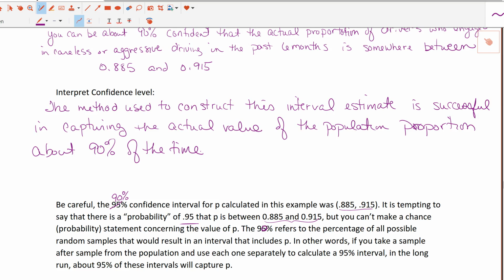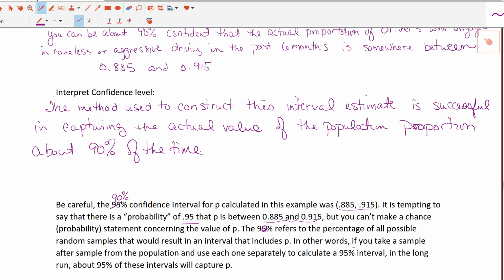The 90% refers to the percentage of all possible random samples that would result in an interval that includes P. So it's actually not talking about the value of P at all. It's talking about these intervals that you would get from random samples where you calculated P hat.